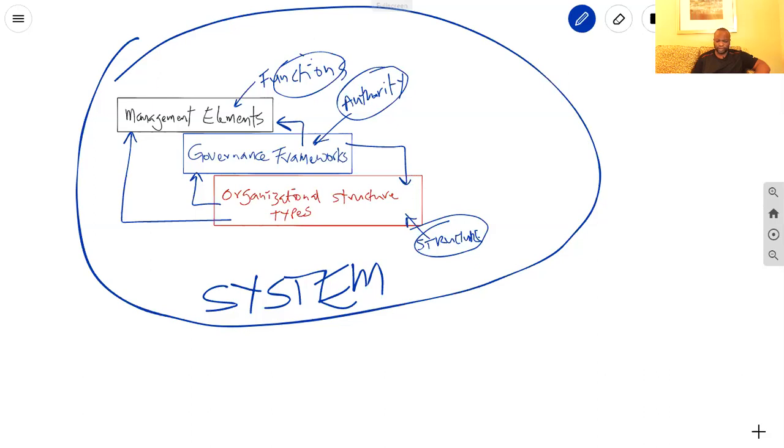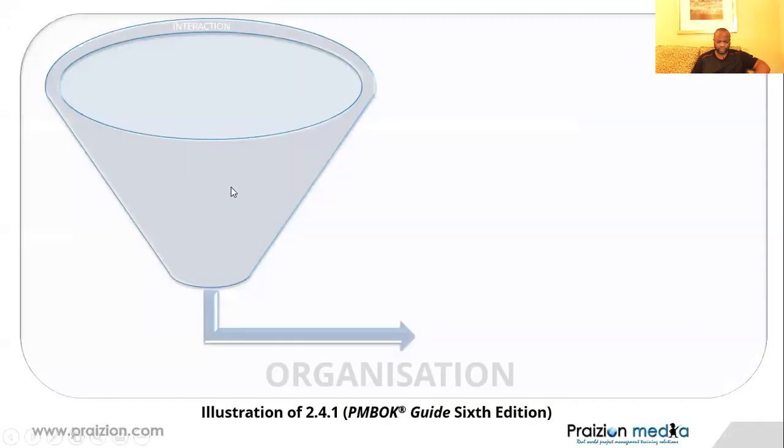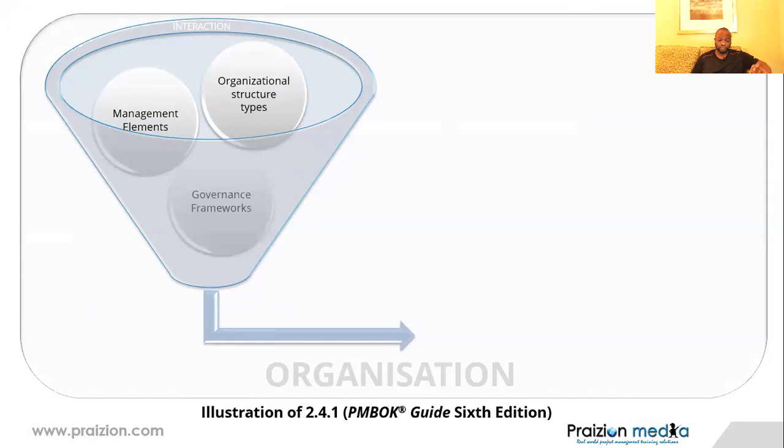So when you think about this system, you need to think about it like this. This system has these three factors at play: organizational structure type, management elements, and governance framework.